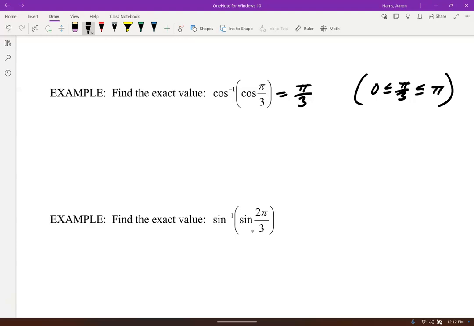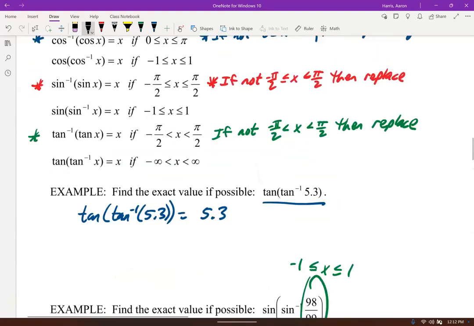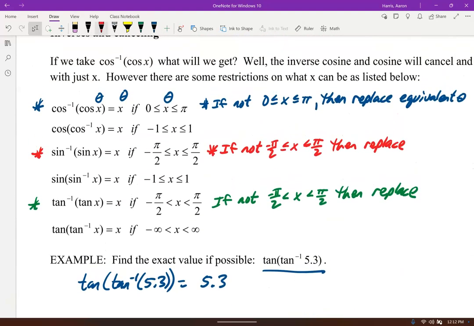Do the next one. Now, here's where it gets a little bit tricky. Arc sine of the sine of 2 pi thirds. So let's come back up here. I'm looking at this one. Arc sine of the sine of 2 pi thirds. So it's got to be in here.